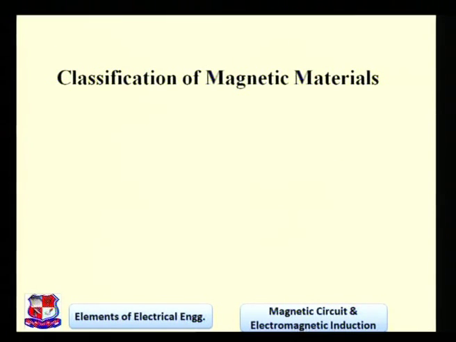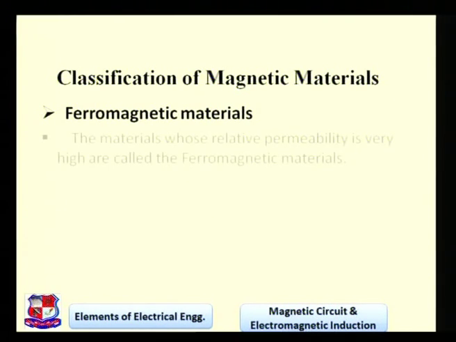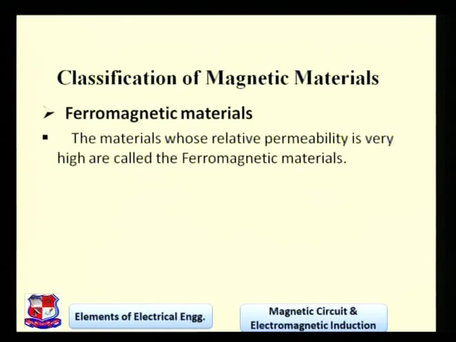Now based on the permeability, we can classify the magnetic materials. Basically there are three kinds of magnetic materials. The first is ferromagnetic materials. The materials whose relative permeability is very high are called ferromagnetic materials. It means that ferromagnetic materials can produce a high amount of magnetic flux because the relative permeability is very high.